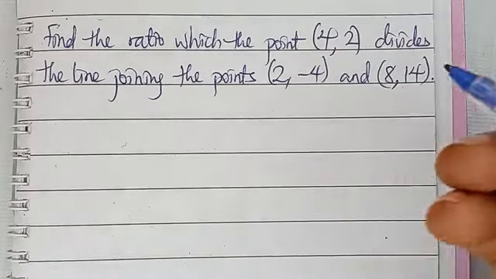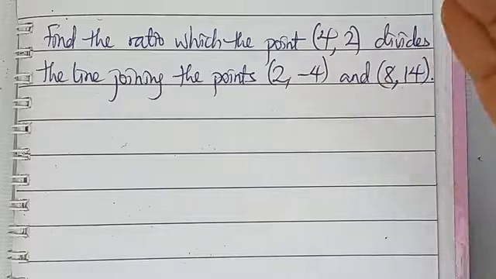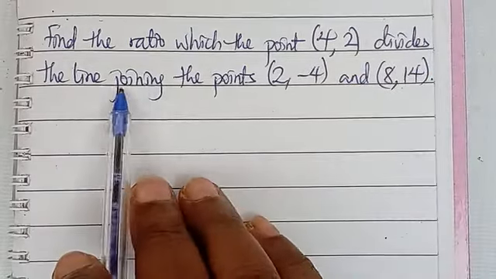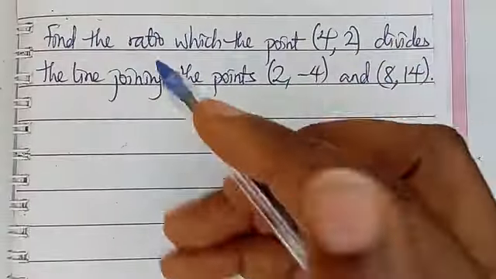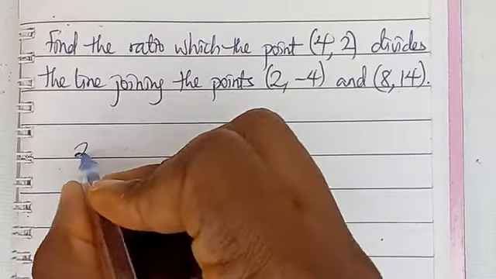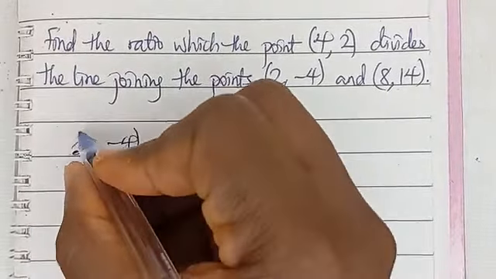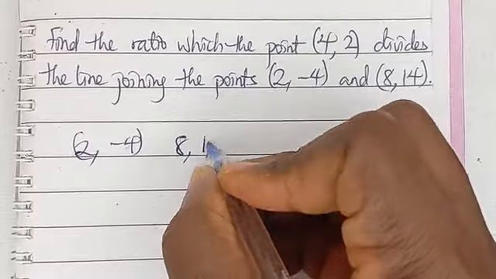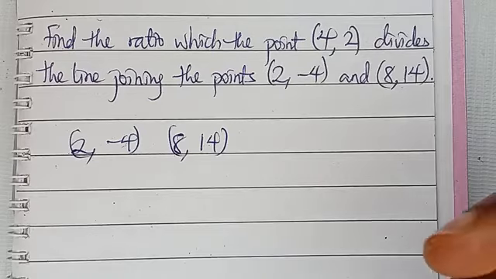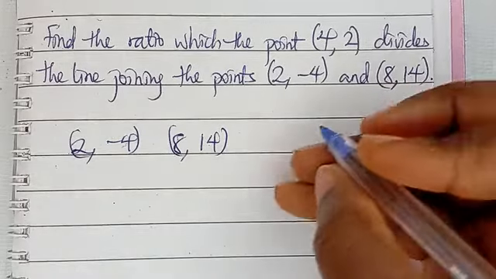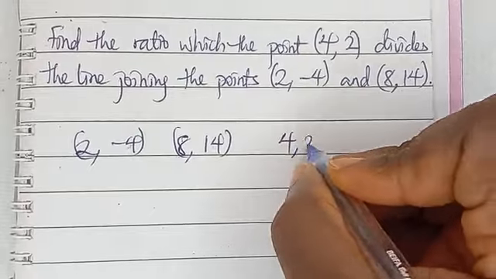So the first thing we are going to do is write out the parameters we have. Let's start with the coordinate points that join the straight line. So we have (2, -4) and (8, 14), and then this one is the coordinates of the point that divides the line into the certain ratio, (4, 2).